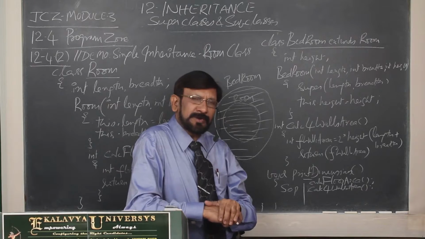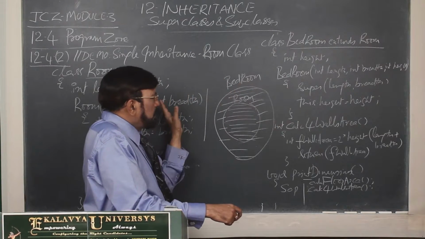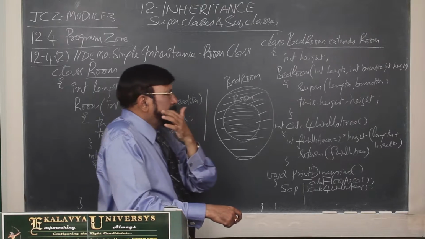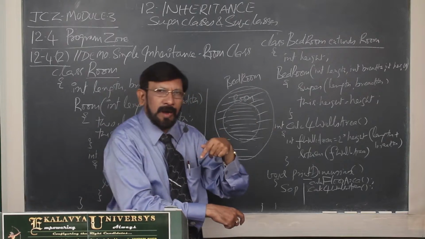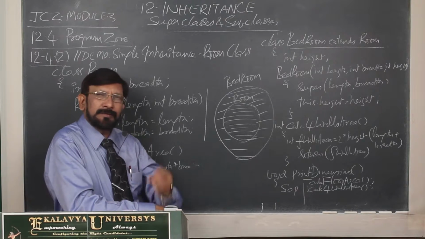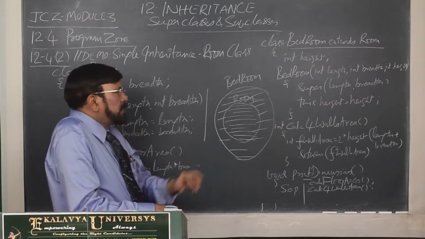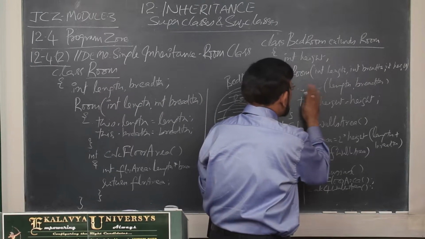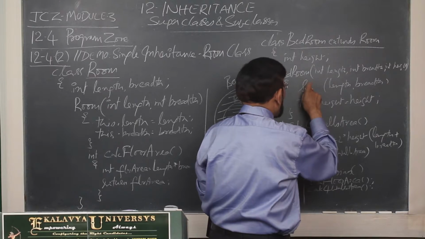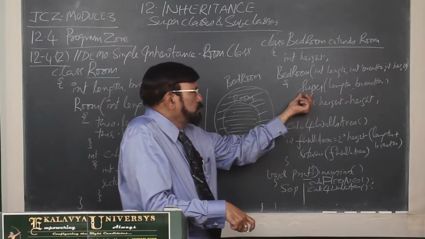So here, how to define the constructor? Here you can understand some new points. Now first we have to construct a room class. For that purpose we have to call the room class constructor. How can you call? For that purpose one special syntax is there that we have to follow. This is super. Here, this is a keyword, super you have to use.